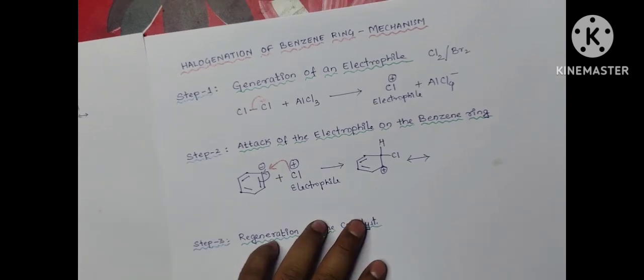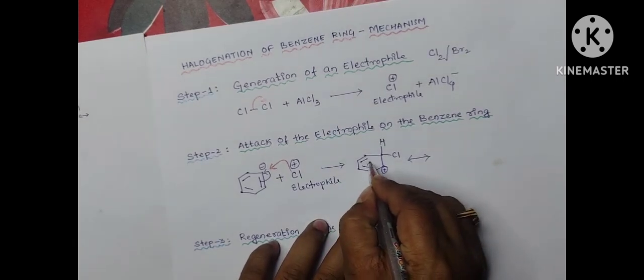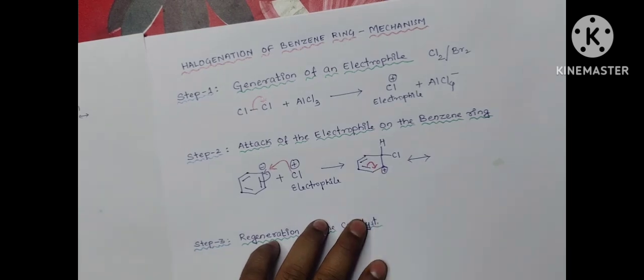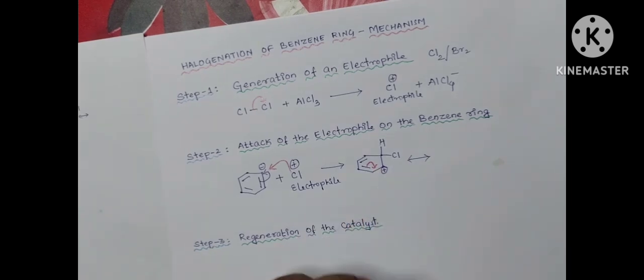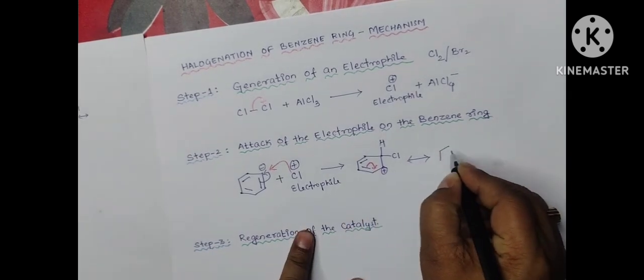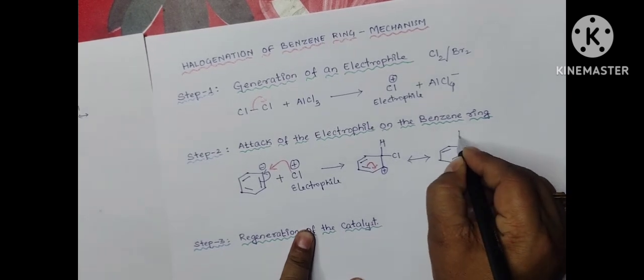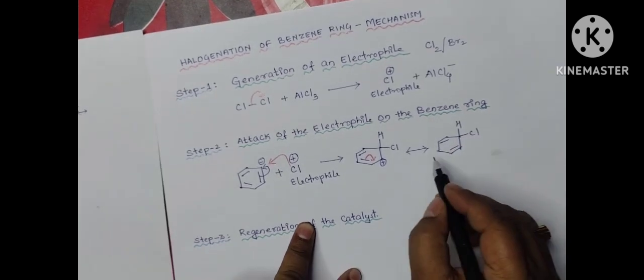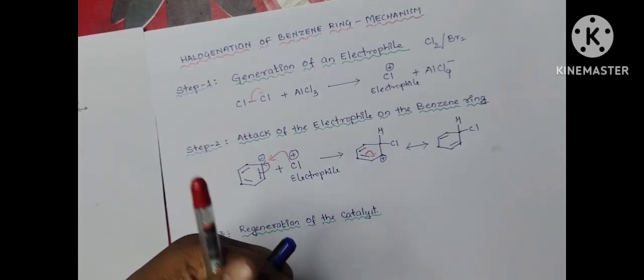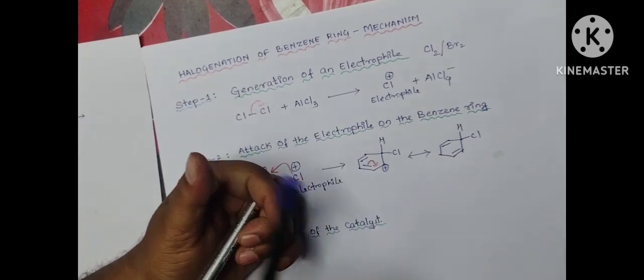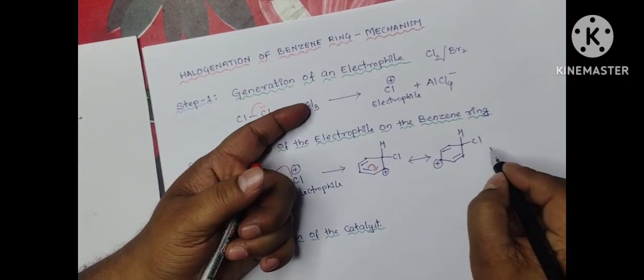So what will happen here? Again these pi bonded electrons will be shifted here, so that one more resonating structure is possible, which I am writing in this way, with hydrogen and chlorine. Again these pi bonded electrons are shifted here, so you will get a positive charge here.